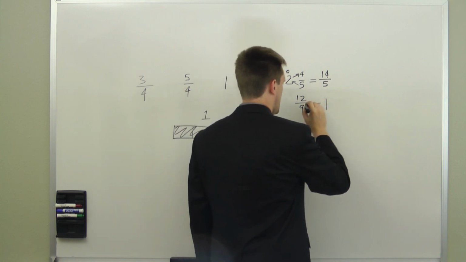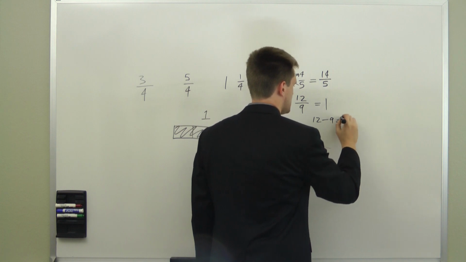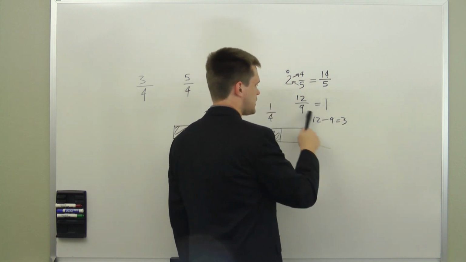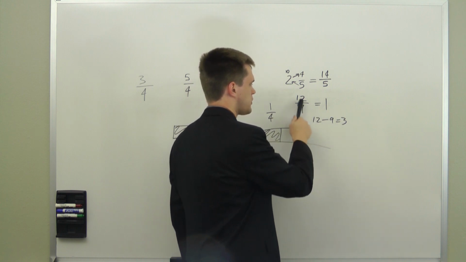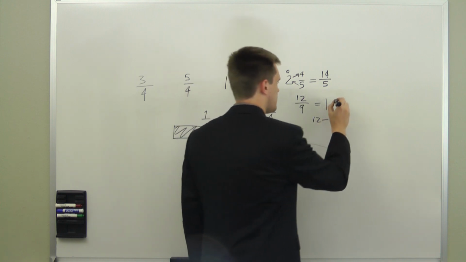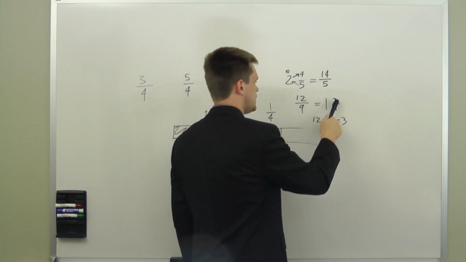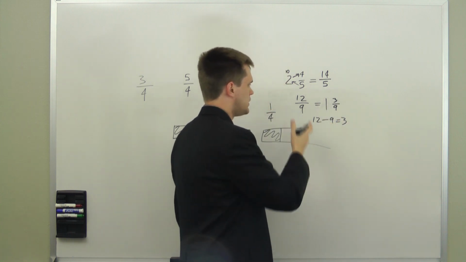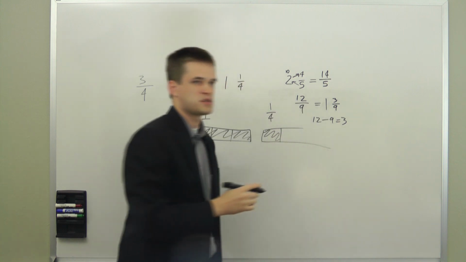So 12 minus 9 is equal to 3. We've taken out the whole, and we've got the 1 here, and so what we're left with is 3 of our original 9. And so we can write that as the remaining fraction here. We have 1 and 3/9. And so that is how you convert an improper fraction to a mixed number.